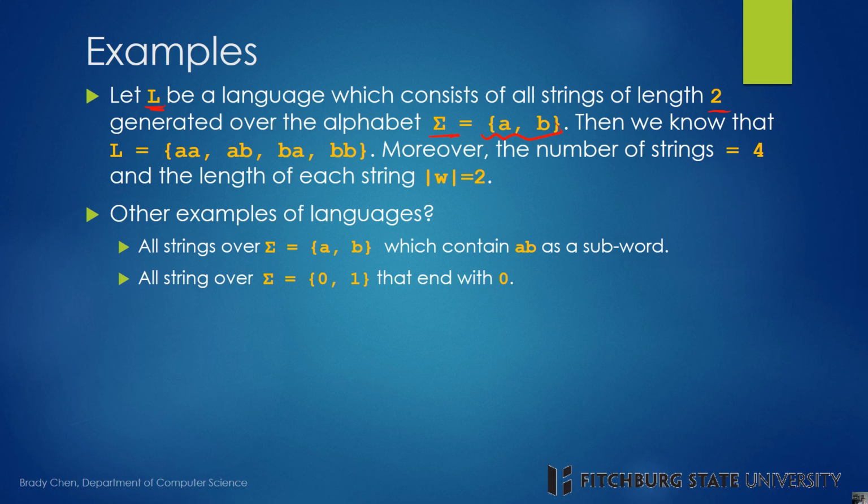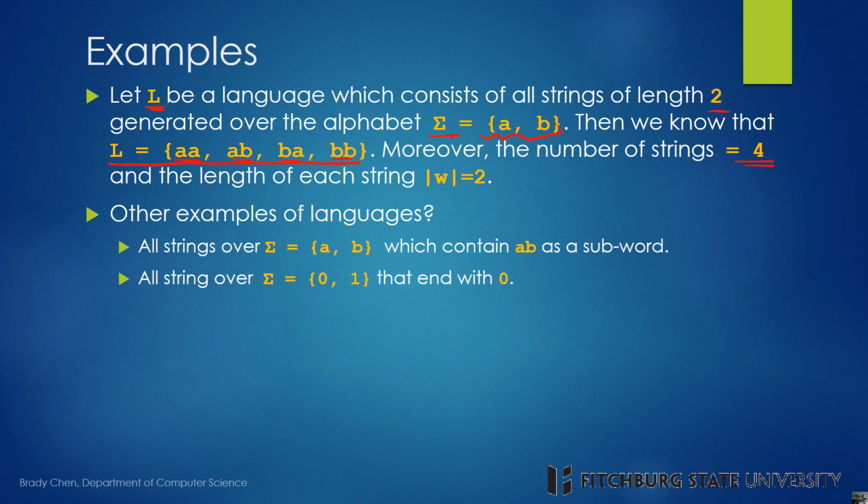Of course, the strings of length 2 form a subset of sigma star. Then we can generate L that way, creating strings of 2 elements: AA, AB, BA, and BB. That's all the combinations of A and B of length 2. So from here, we can see that the number of strings equals 4.